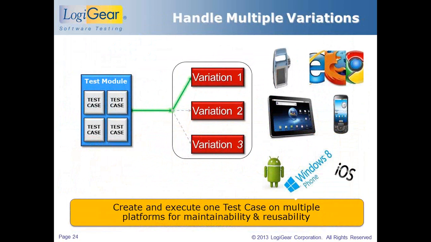The idea here is that you have a single test case no matter what the target environment is, no matter what the version is, no matter what the region is. You want to be able to apply that single test case to all of those environments. So this is very key in not having to duplicate a lot of test case creation that you've already done. Be able to take the same test case and apply it.